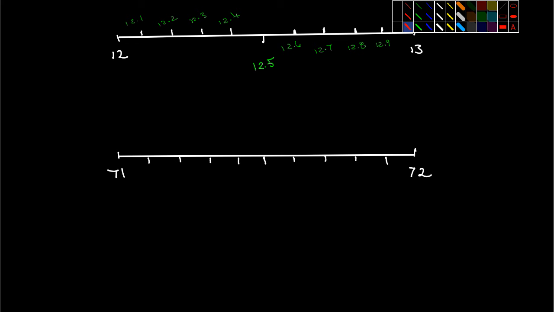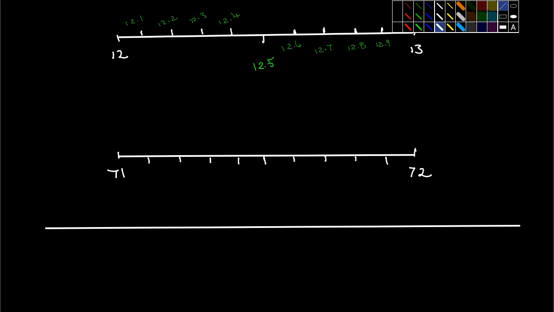Just so you know, when I have to separate something into tenths, the line could be any size. Let's say the line was this big. What I do is I look at the line and I figure out about where the middle is.